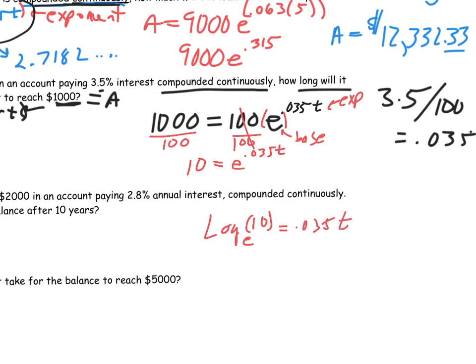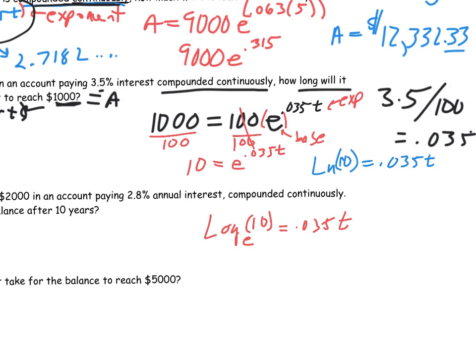But we don't use log base e. Log base e is that ln. So this is what you've got to get used to when you're working with e: the ln of 10, and that's got to be in parentheses, equals 0.035t. So how do I solve this for t?